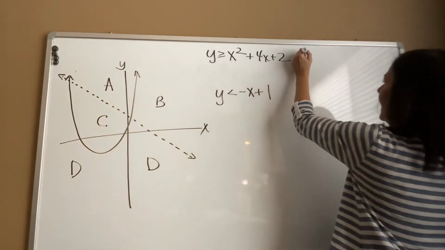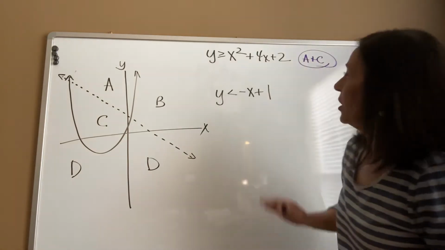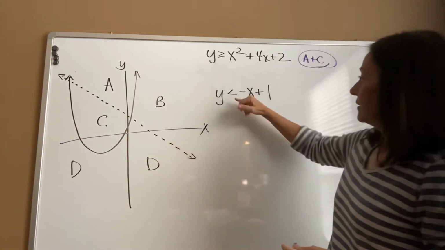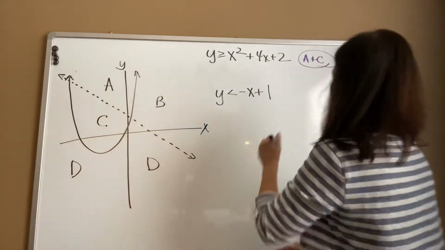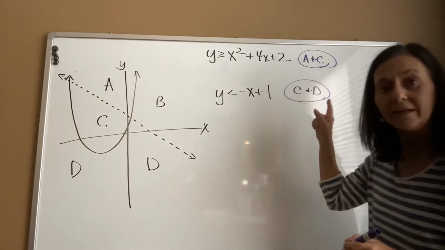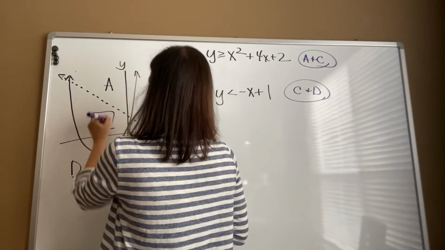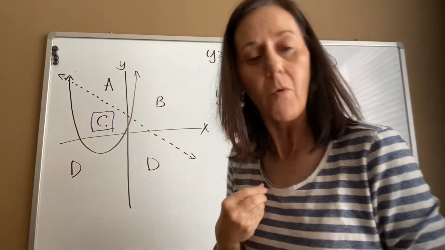So that's going to be A and C. That's going to satisfy greater than in the parabola. Less than on the line is going to be everything below the line. So that's going to be C and D. So which one is in both of them? It's C.